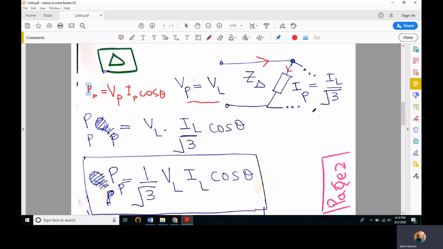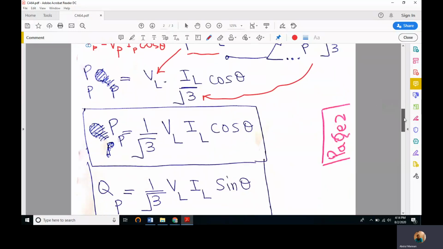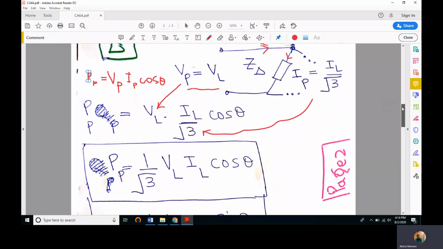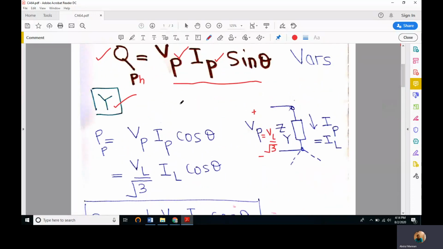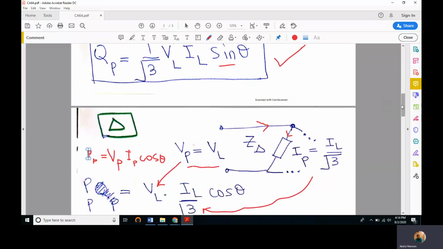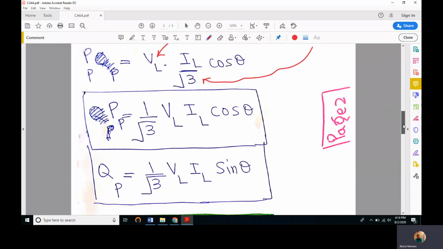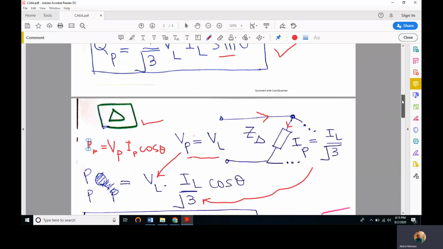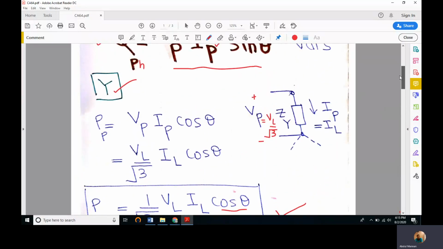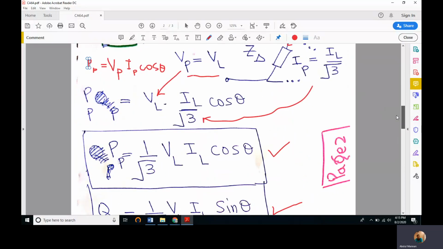Putting Ip equal to IL divided by square root of 3, and Vp as VL, we reach the same expression that we reached in the case of the Y-connected system. So no matter whether we are using Y or delta, we have the same expressions for per phase active and reactive powers.